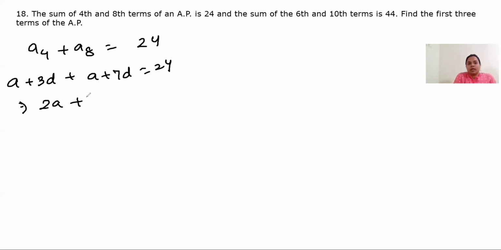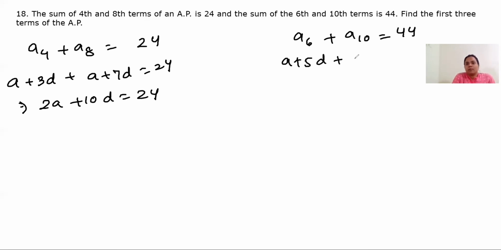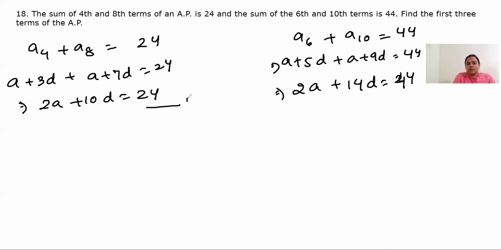This implies that 2A plus 10D is 24. Now A6 plus A10 is 44, so A plus 5D plus A plus 9D is 44. This implies that 2A plus 14D is 44. This is the first equation, and this is the second equation.